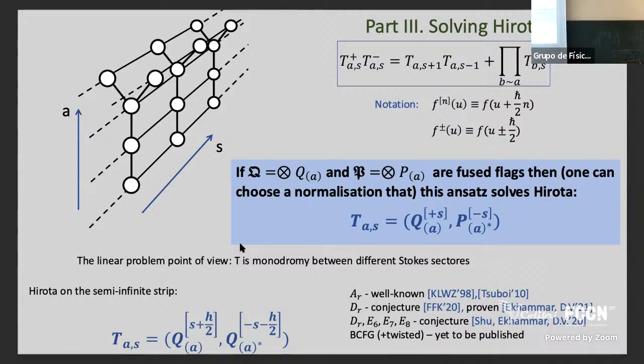So we start from the solution which is small in this Stokes sector, and we consider its monodromy to another Stokes sector, which is S plus H rotations away, projected to the minimal solution there. The coefficient of projection is T. So T is this monodromy. This is the meaning of the formula.